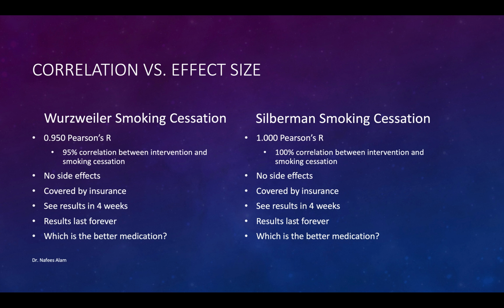So 95% of people who go to Wurzweiler reduce their smoking behavior. Whereas with Silberman, you have a 1.000 Pearson's R, so 100% correlation between intervention and smoking cessation, which means 100% of the people that go to Silberman reduce their smoking behavior.